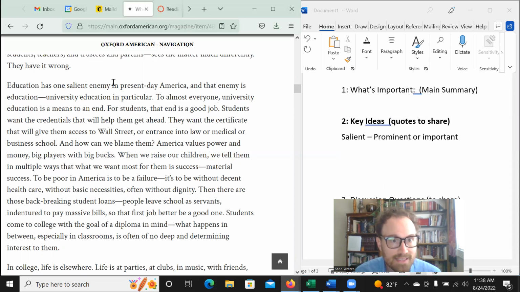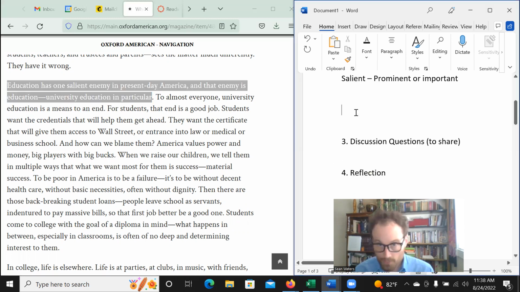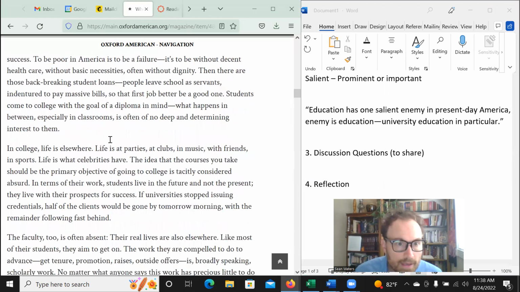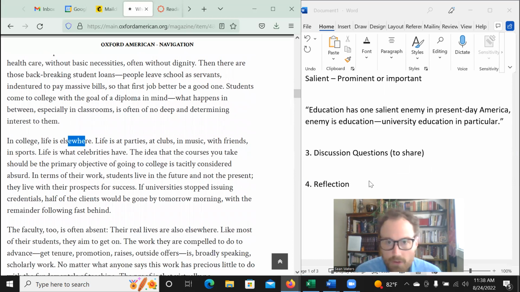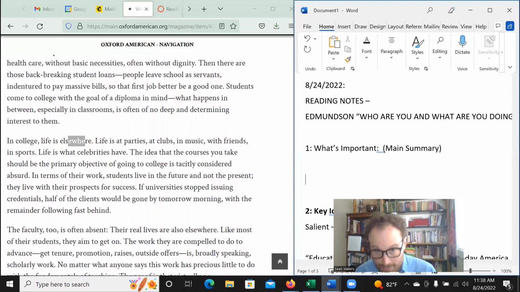Education has one salient enemy, and that enemy is university education in particular. Okay, so I'm just going to copy and paste this as a quote. This is the first one that I have thought might be that important. And then what I'm also looking for here for the what's most important is the sense of a main claim that Edmundson's making and the reasons for that claim.